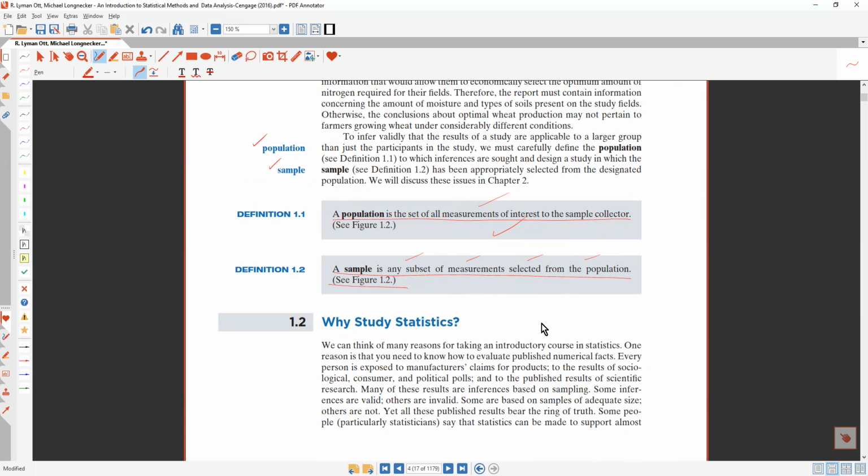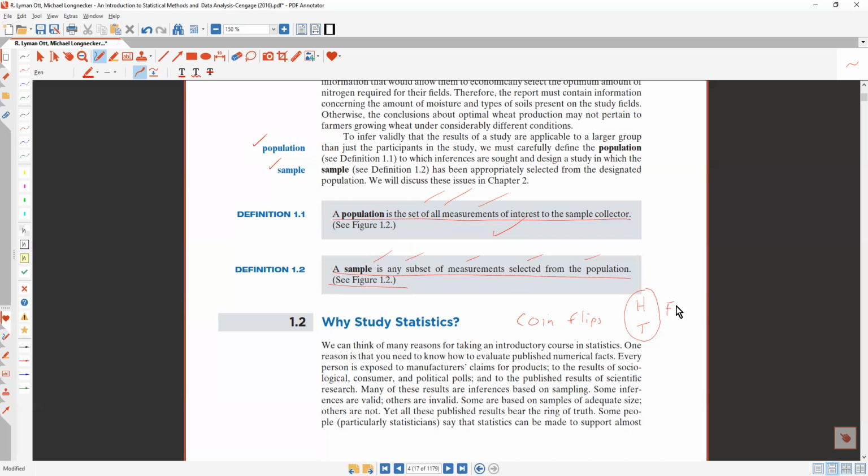Right? Here's an example, coin flips. Okay, imagine I have a coin and I want to know the probability of heads or tails. Well, what's my population? What's my sample? Okay, so you've got your coin and you want to know what is the probability of heads or tails.